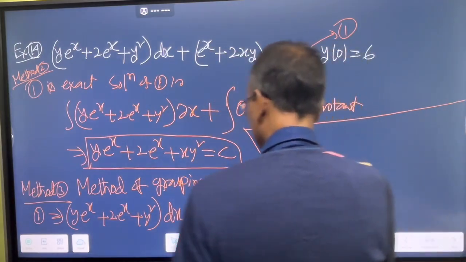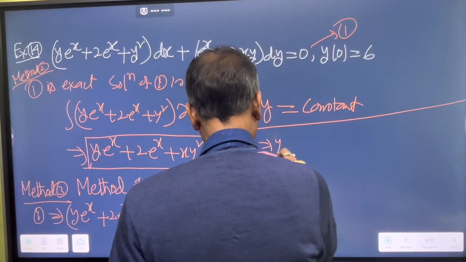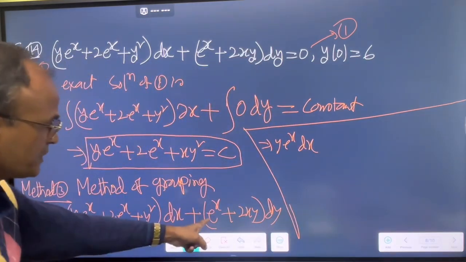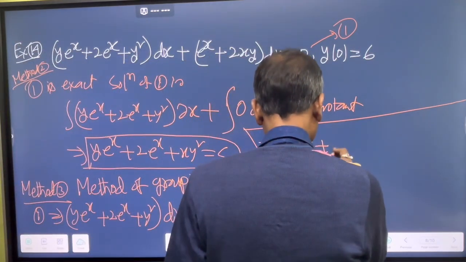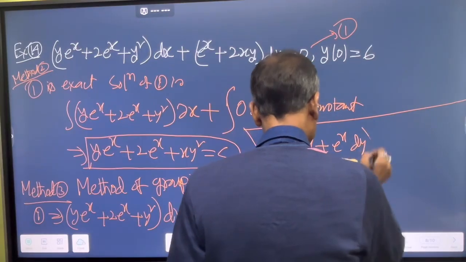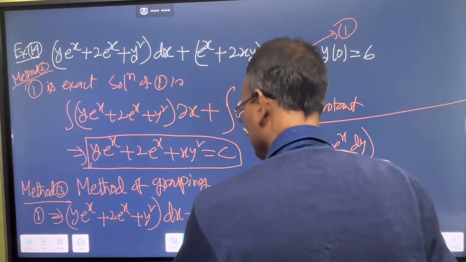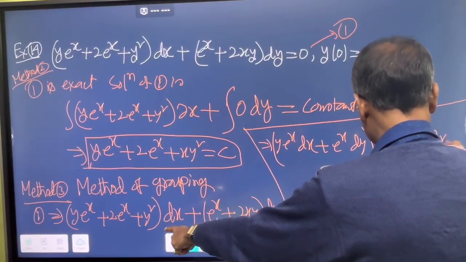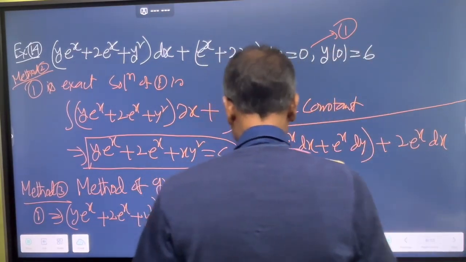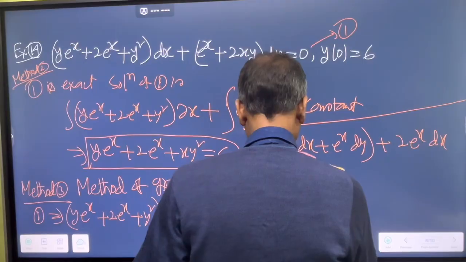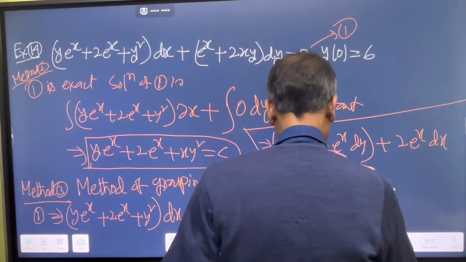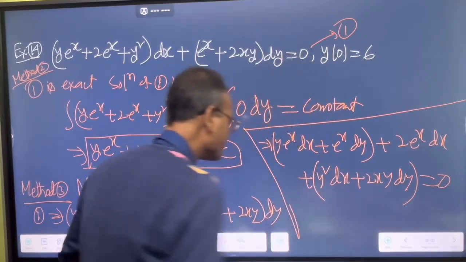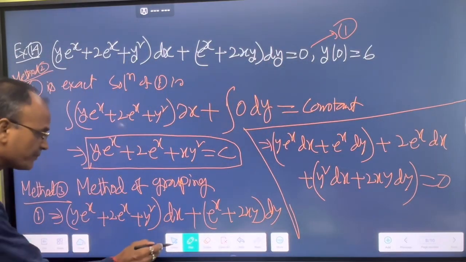Now let me write here: y e to the power x dx, group this with e to the power x dy, plus twice e to the power x dx, where only x is there, plus y square dx plus twice x y dy equal to 0. Group this.